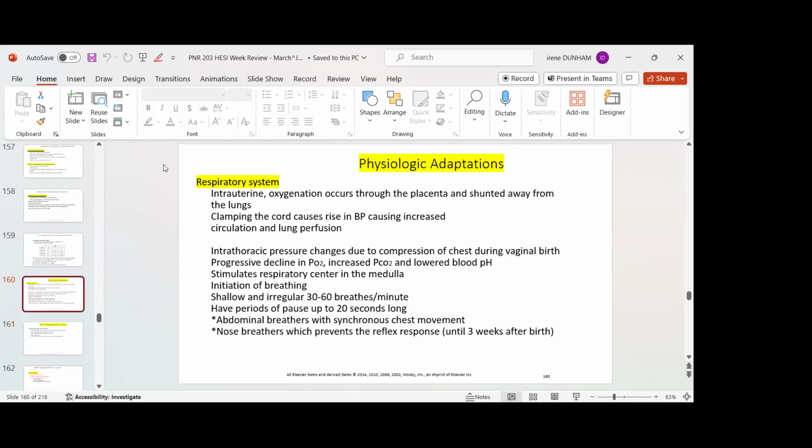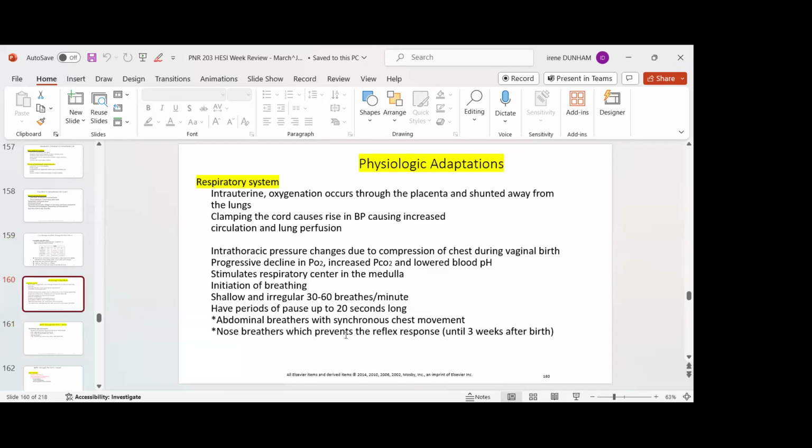So these are some different changes that occur in a newborn once he's out. I would just know to go over the normal newborn vital signs. But if you have periods of slow and irregular breathing, then you want to look at that.